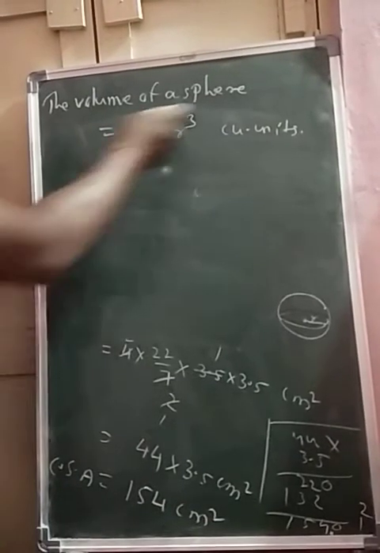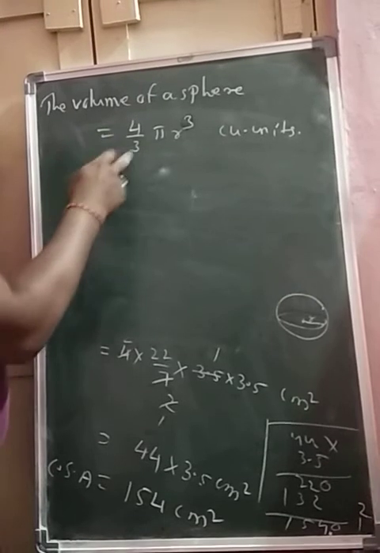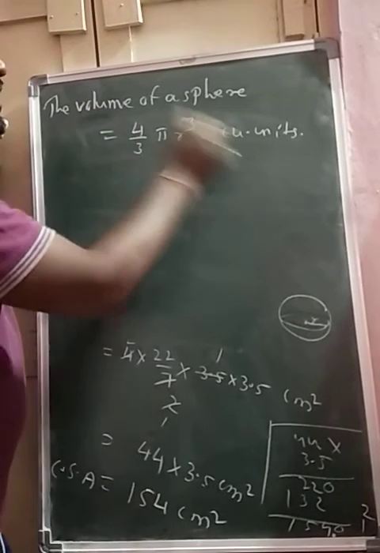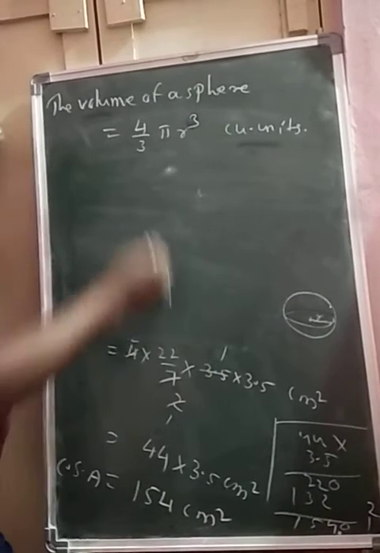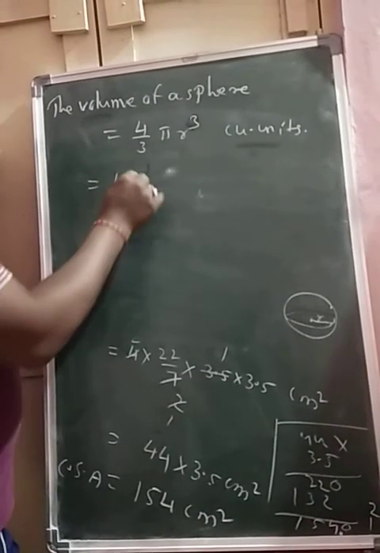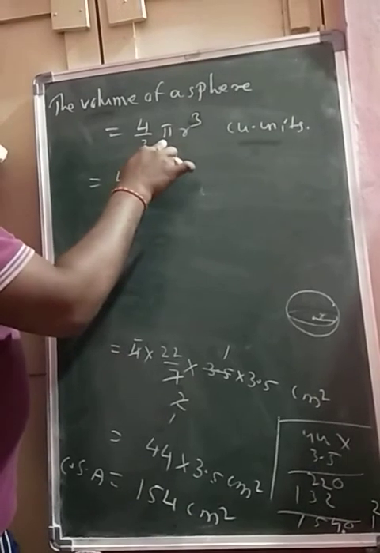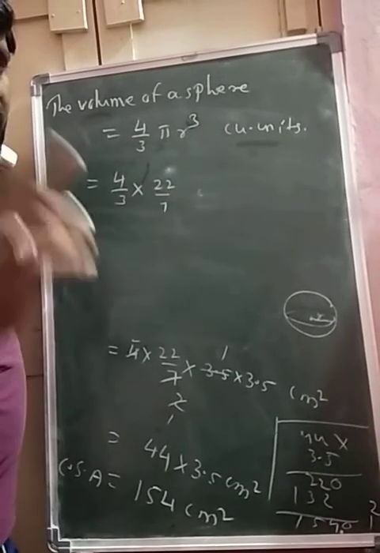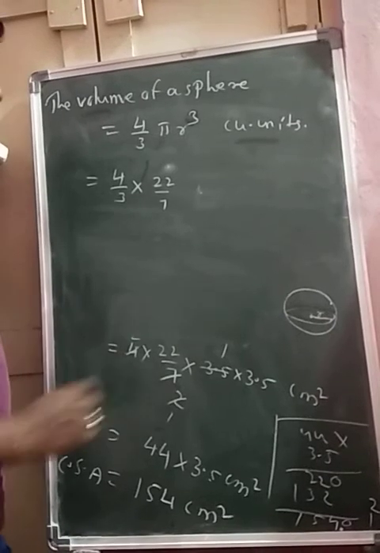The volume of a sphere is equal to what? 4 by 3 pi r cube cubic units. Volume is always in cubic units only. Now 4 by 3 into pi, the value of pi is what? 22 by 7. Sometimes we take it as 3.14 also.